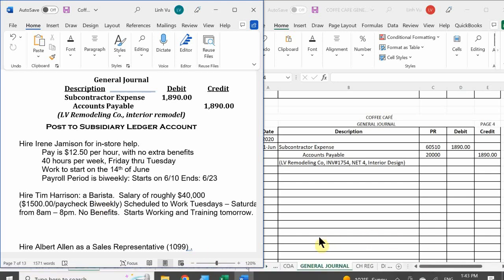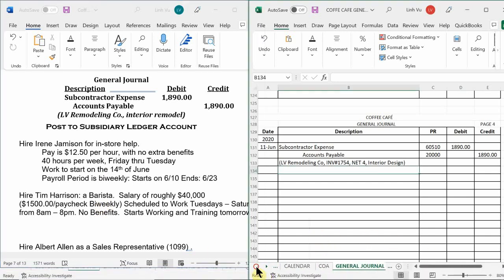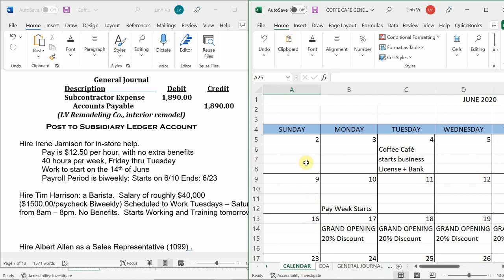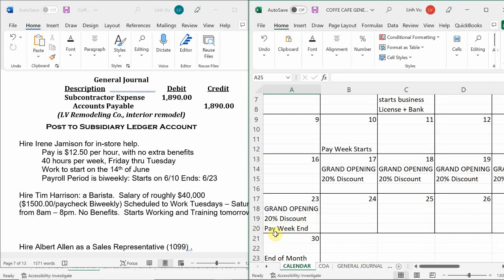If we go ahead and take a look at our calendar, we already said the payroll week started on the 10th and will end on the 23rd. So how employees are going to record their hours is accordingly. Because if she starts on the 14th, she's going to start clocking in her hours on the 14th all the way up to the 23rd, and then we pay her that following Friday.